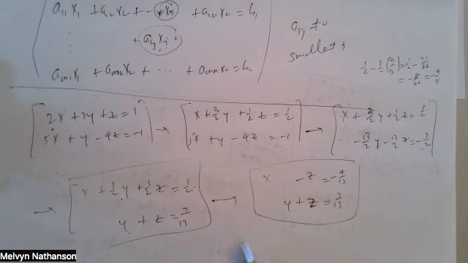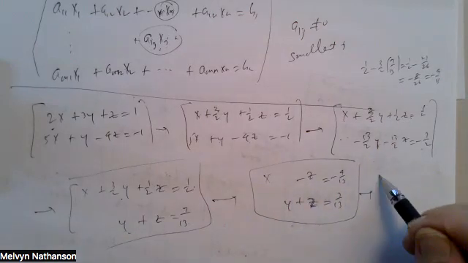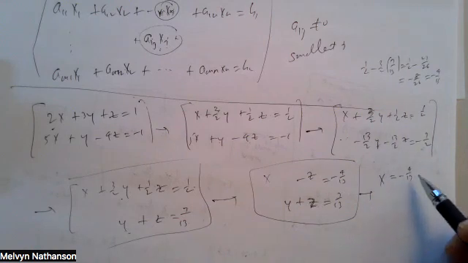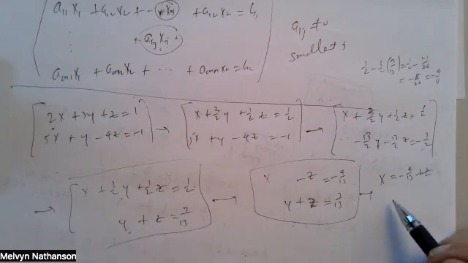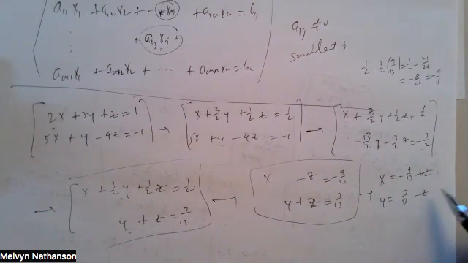And now I look at these two equations. The first variable with a non-zero coefficient in the first equation is x, and in the second equation it is y. There's nothing else I can eliminate. This says that x is equal to minus 4 over 13 plus z, and y is 7 over 13 minus z.